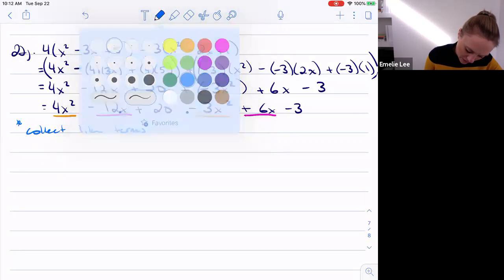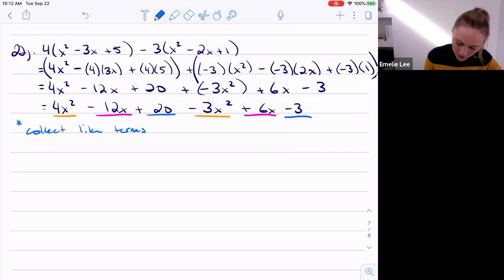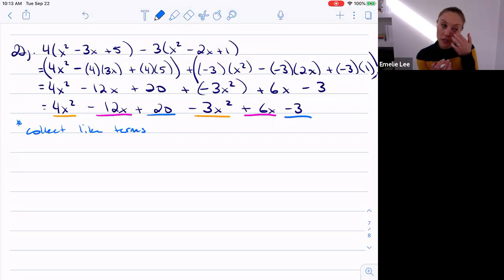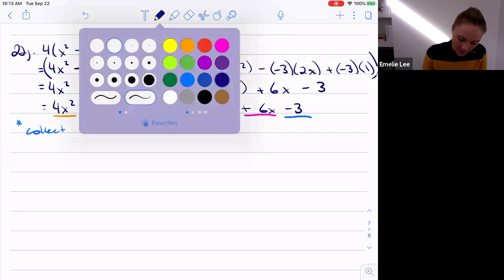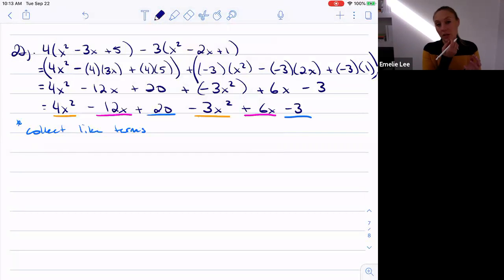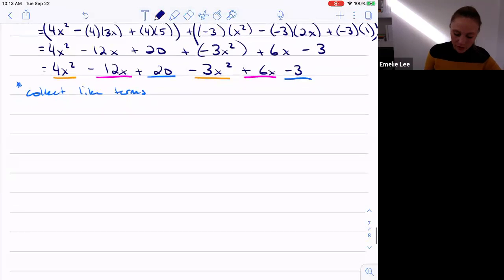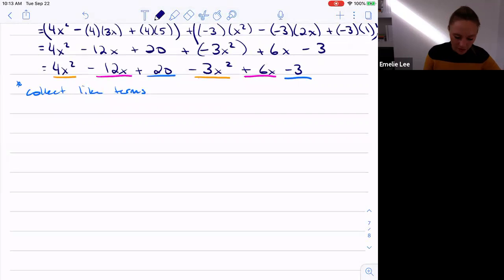And then I've got plus 20 minus 3. So first thing I'm going to do, because we're just kind of starting this, I'm going to shuffle these things so that they're next to each other, which you don't have to do. If you just want to collect like terms and go for it, that's great.